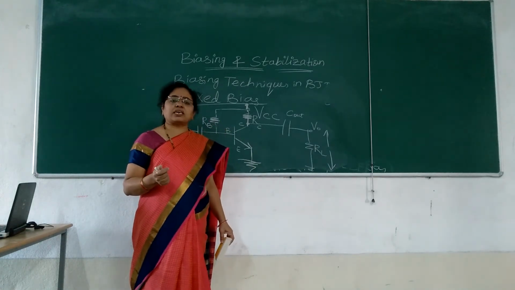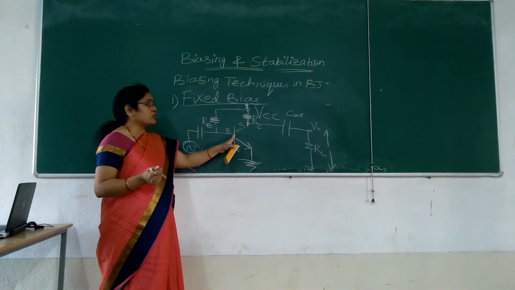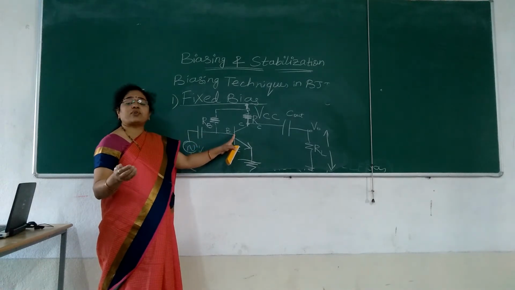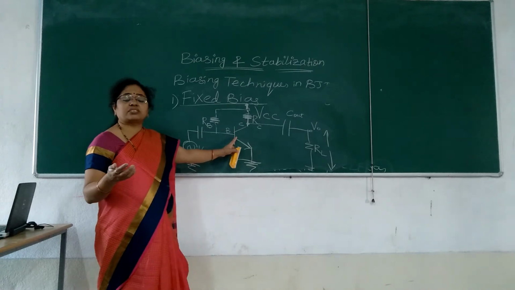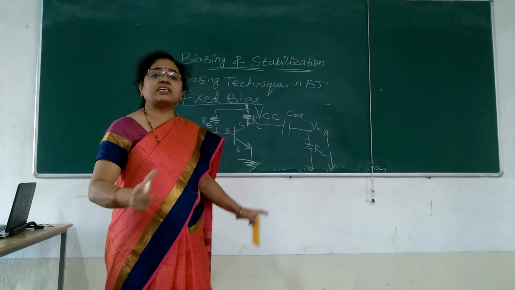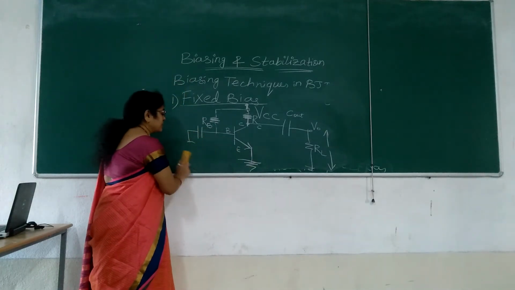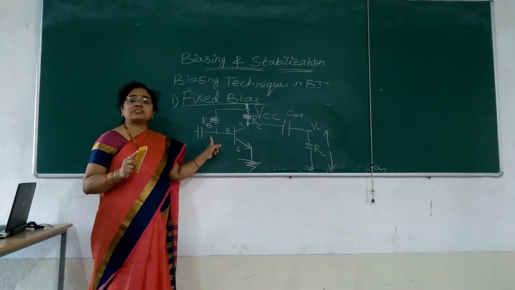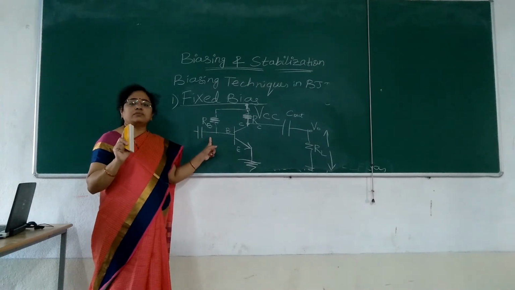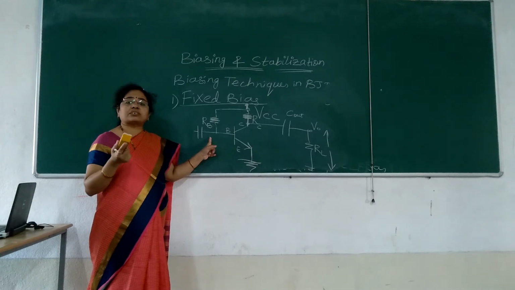In order to do the analysis, we go for DC analysis generally. DC analysis means we are not giving the AC input. When the AC input is absent, the capacitance offers very high reactance, so the capacitance acts as an open circuit.